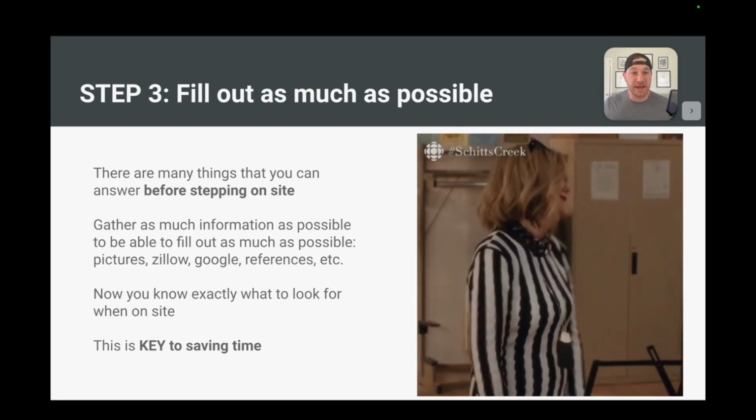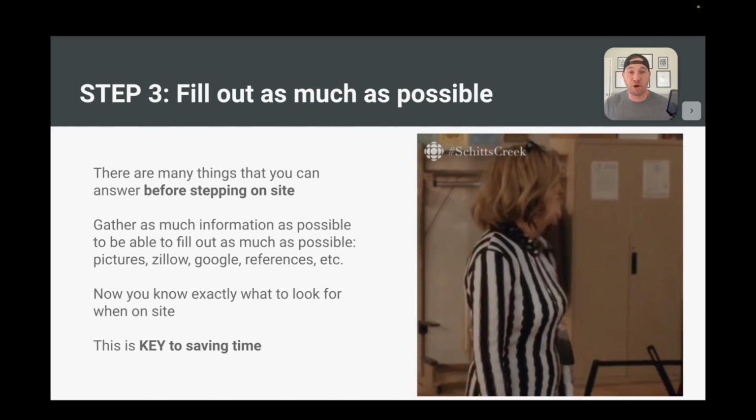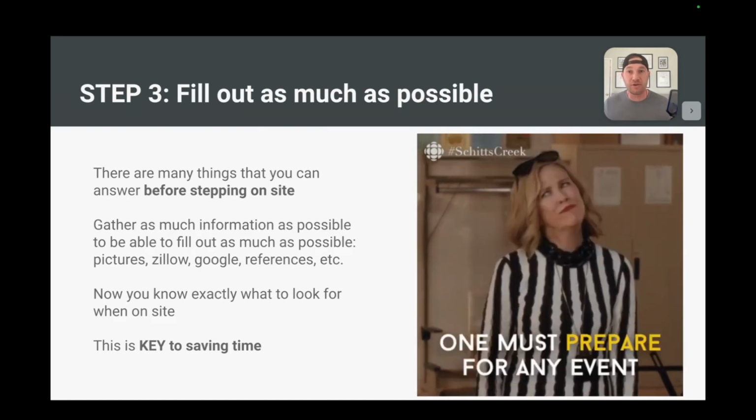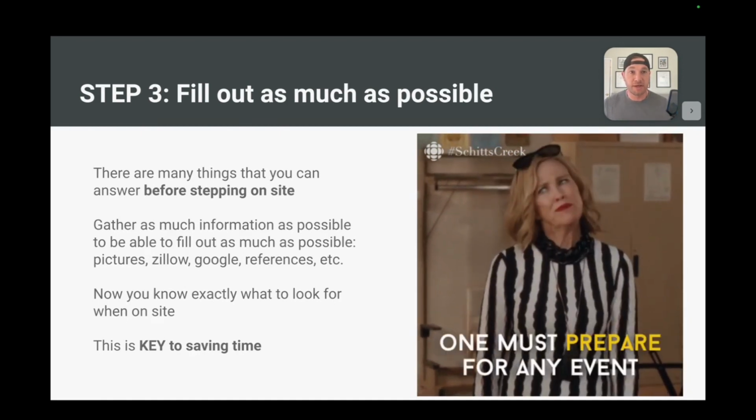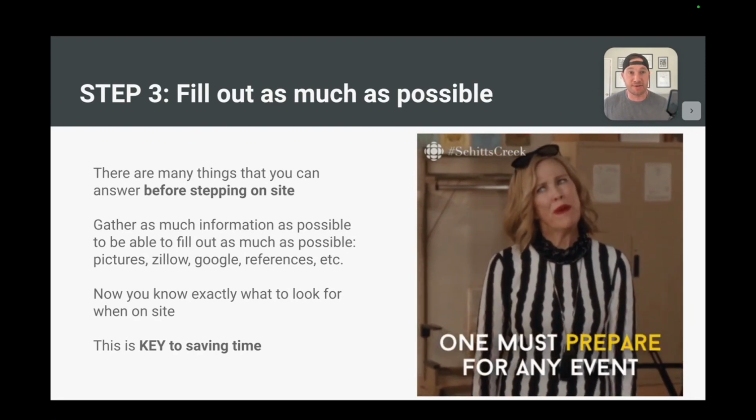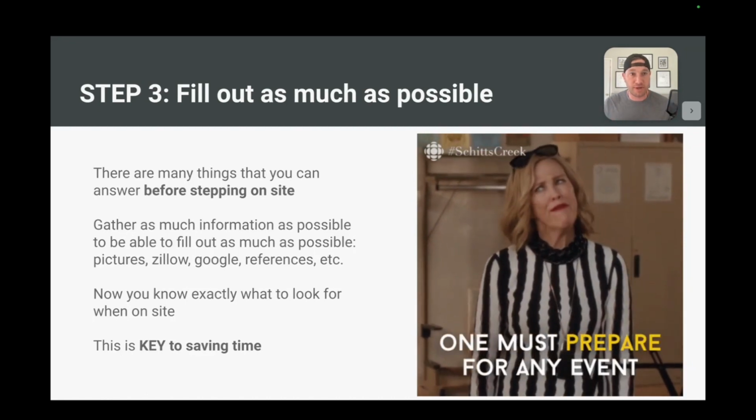Now when you do your site visit, you don't have to be worried about everything on site, and you don't have to be scrambling around the entire project looking for stuff to write down in your scope of work. You're already going to have that filled out before the site visit. So now when you go on the site visit, you can highlight those questions that still need to be answered and go directly to those locations. That way you're not spending hours on site.